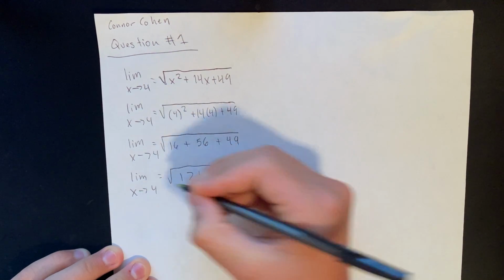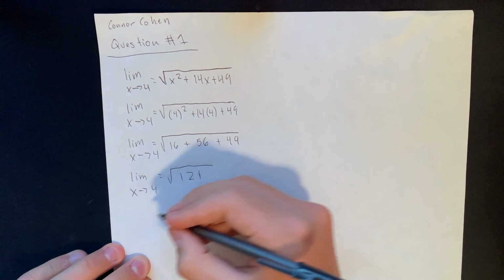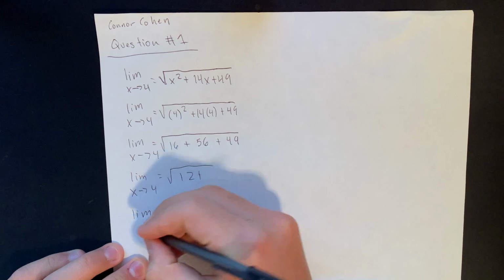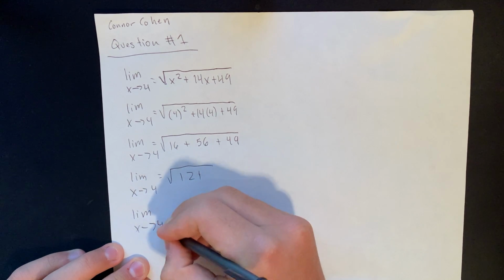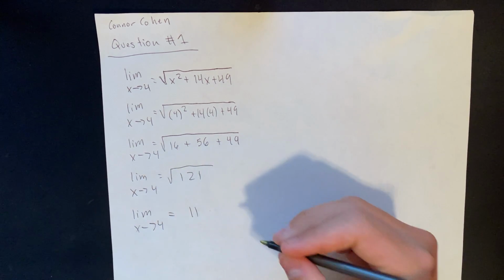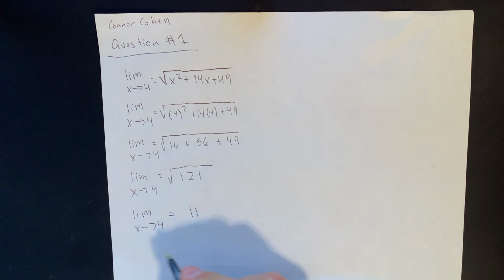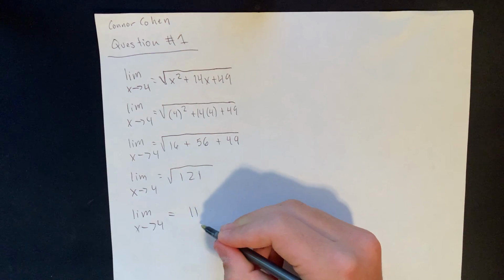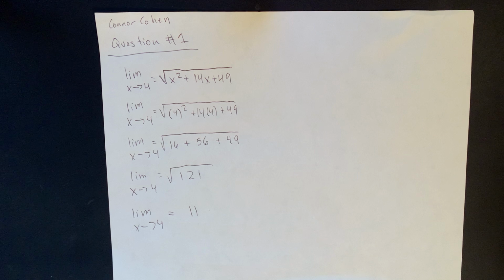Make sure it says equals. And then this limit would equal 11. So when x is at 4, its y value will be 11. And that's how you solve for that limit, through substitution. So that's one of the main methods that you can use to find a limit, if it's applicable and works.